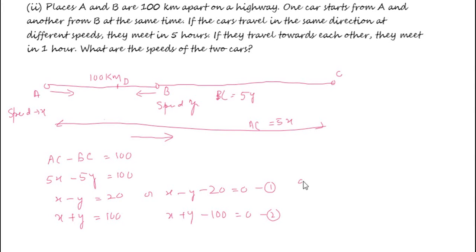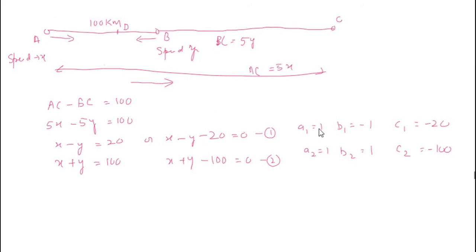Now a1 equal to 1, b1 equal to minus 1, c1 equal to minus 20, a2 is also 1, b2 is also 1, and c2 equal to minus 100. So we have to find out x and y, the speeds of the cars.